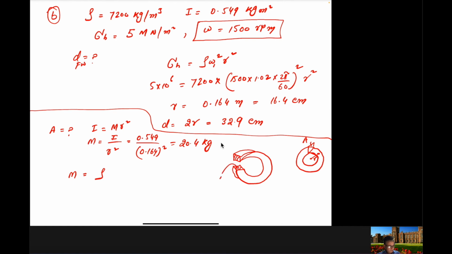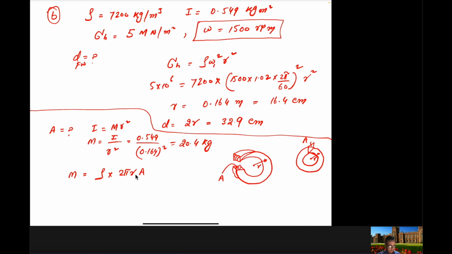So this is the A in this case. So if you want to calculate the volume of this ring here, you take the mean radius, and you multiply the cross section area with this circumference, and you will get the volume of this section here. So in this case, the circumference is 2 pi r, and then you will multiply with the A, which is the cross section area here.